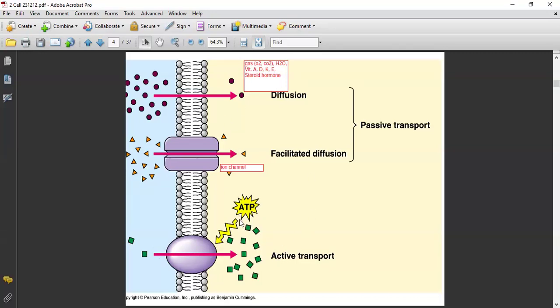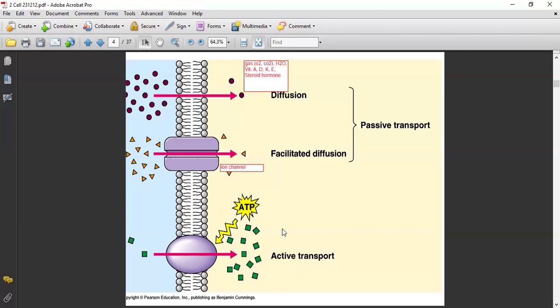So those are the three major ways that things move across the membrane, even though the membrane separates two compartments: simple diffusion, facilitated diffusion, or active transport.